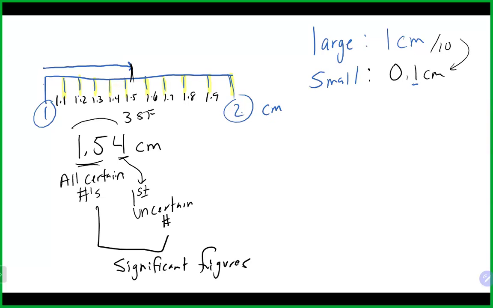If you know what the smallest markings represent, you can take the smallest marking and divide it by 2. So if you take the smallest marking in the first example we did, which was 0.1 centimeters, and divide it by 2, you will end up with 0.05 centimeters.